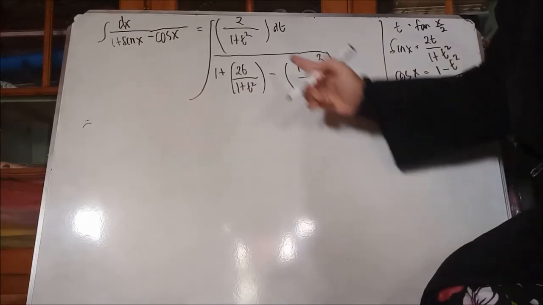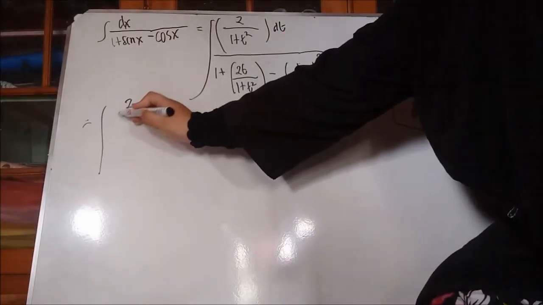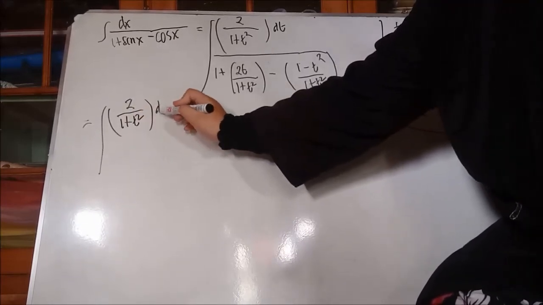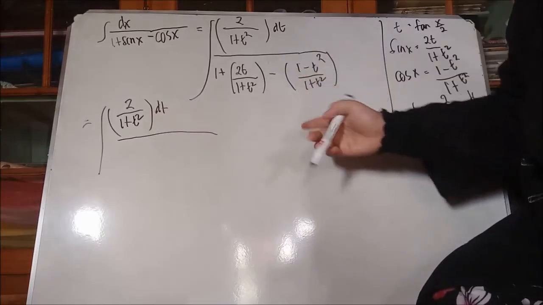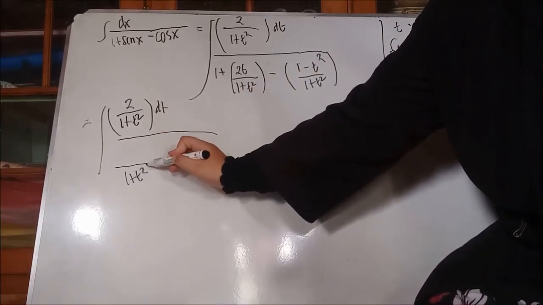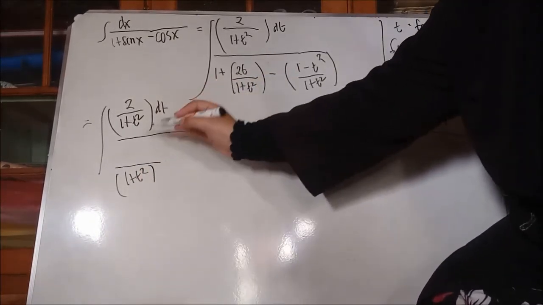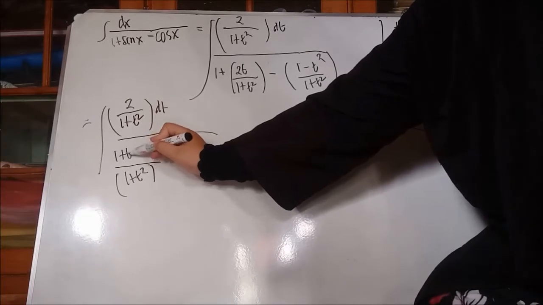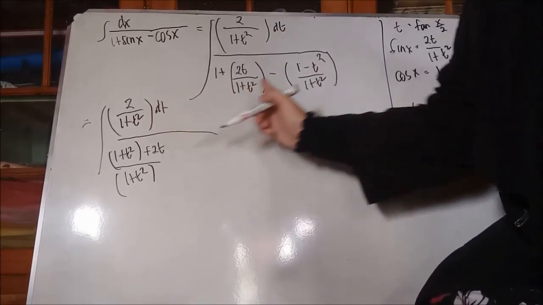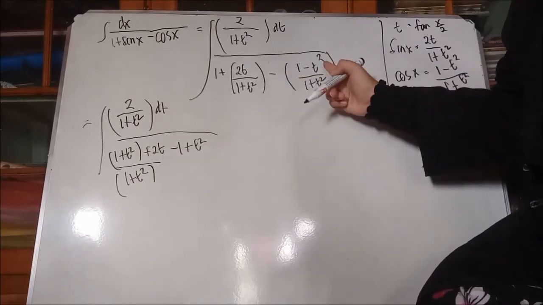So we can continue with the integral of 2 over 1 plus t square dt. And then for the denominator we can sum with the 1 plus t square, so we get 1 plus t square, and then plus 2t, and then minus 1 minus t square in here.